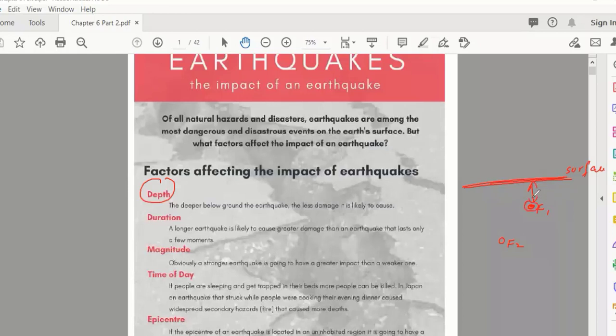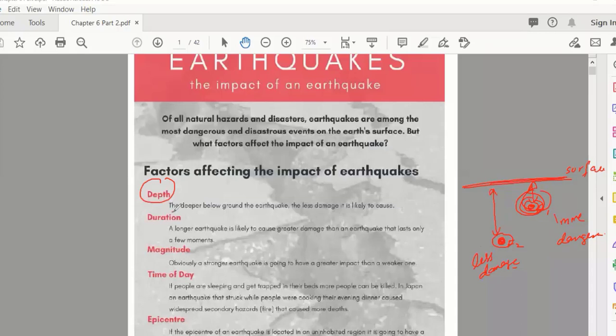If the earthquake starts from this point, it will be more dangerous. And if the earthquake focus point, from where the earthquake starts, is here, and it is a little bit deeper compared to F1, it means that there will be less damage.